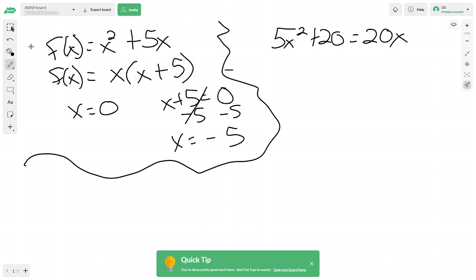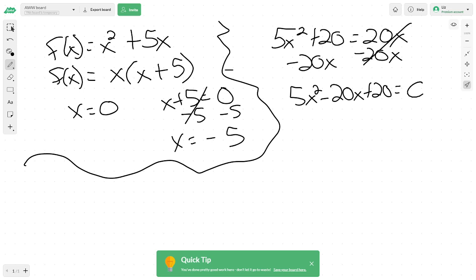All right, so in order to apply the zero product property, I have to have 0 on one side of the equation. So I need to move this over so that this will be 0. So now I'm going to have 5x squared minus 20x plus 20 equals 0.